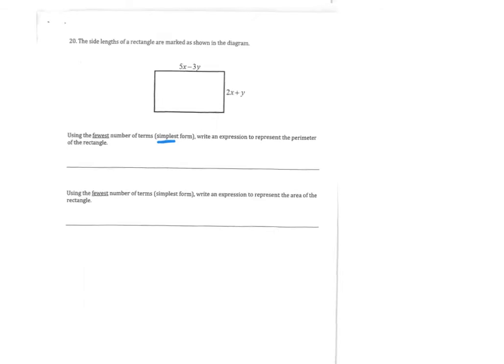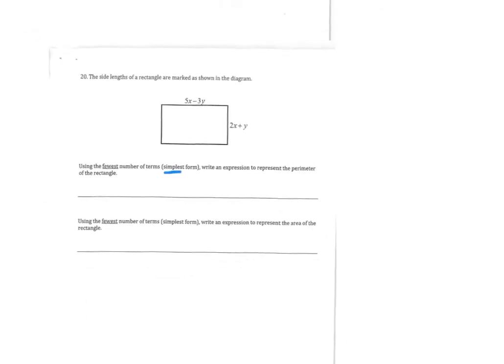Well, first of all, we need to know what a perimeter is. The perimeter, we're just going to add all the sides. You add this one with this one, with this one, with this one. Remember, this is the same thing as 2x plus y, and this one is 5x minus 3y, right?